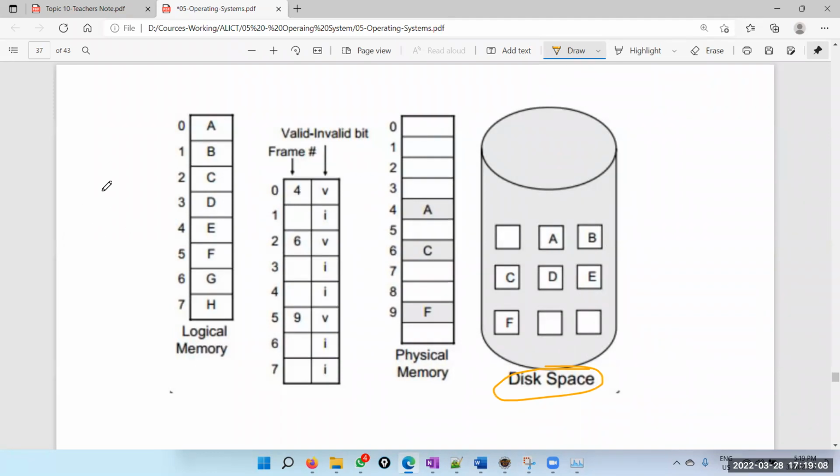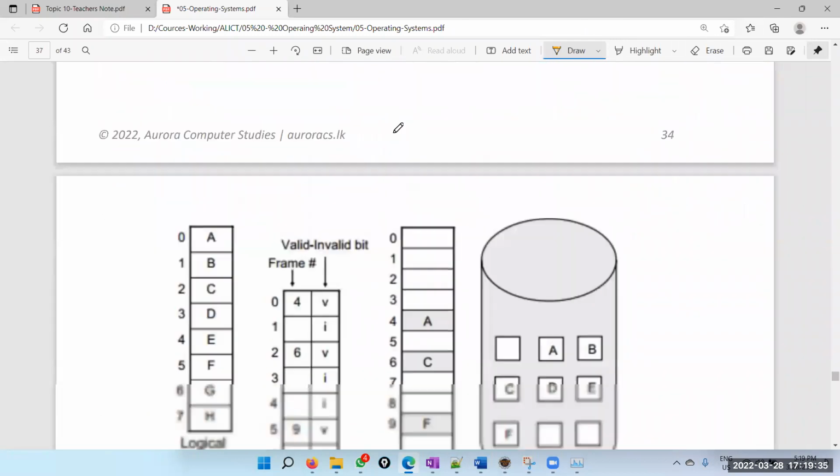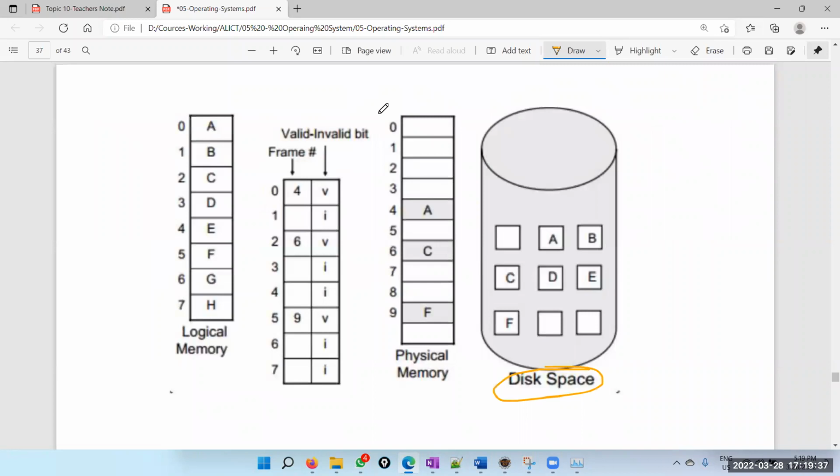Your page table had two fields: page number, frame number. Page 0 is mapped to frame 1, page 1 is mapped to frame 4. Now we are going to introduce another field: page number, frame number, valid bit. Valid bit, or valid-invalid bit.